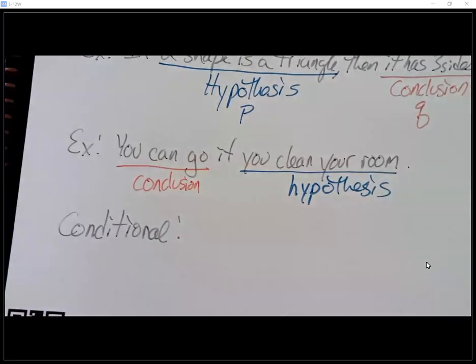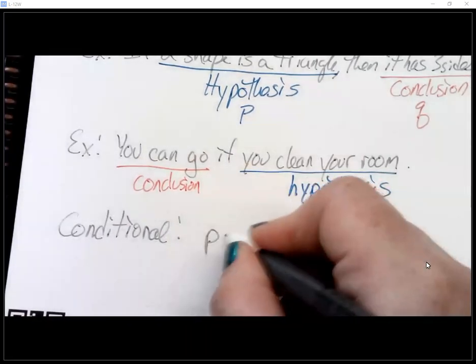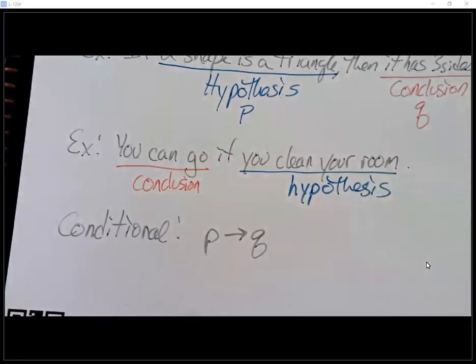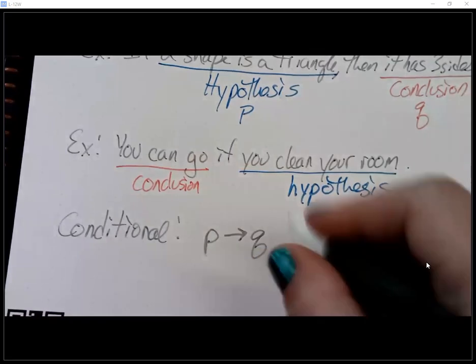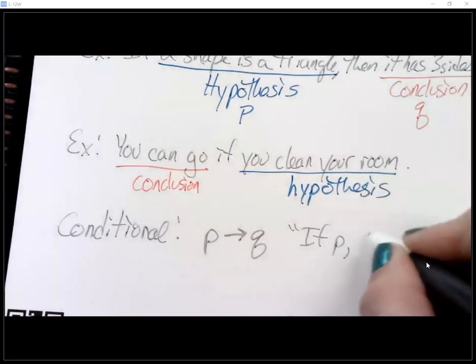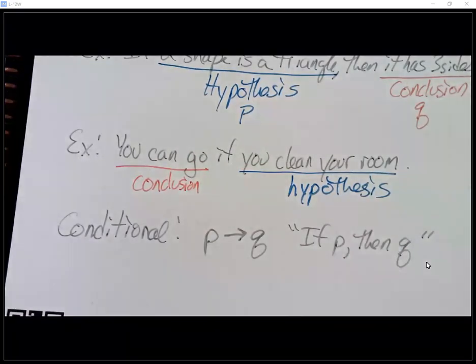This is how we can write it symbolically: P with an arrow to a Q. If you were to say that out loud, we would say if P, then Q. It's kind of weird, but that's our shorthand for a conditional. Take whatever the hypothesis is, pop it in for P, take whatever the conclusion is, pop it in for Q.